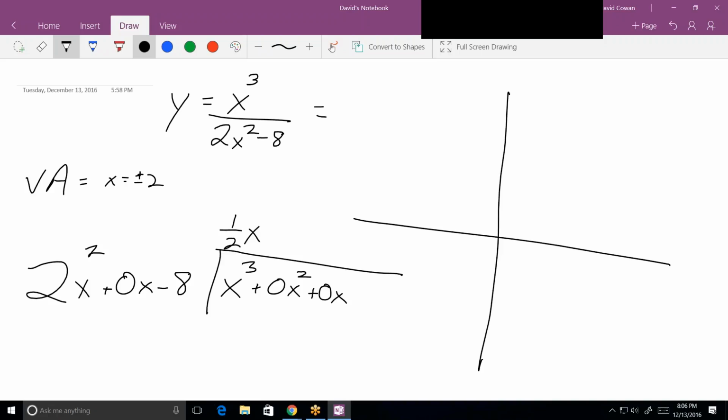And if I multiply that by all three terms, I get x cubed plus 0x squared minus 4x. That would be minus 4x. Okay? And now, subtracting, I end up with 4x.